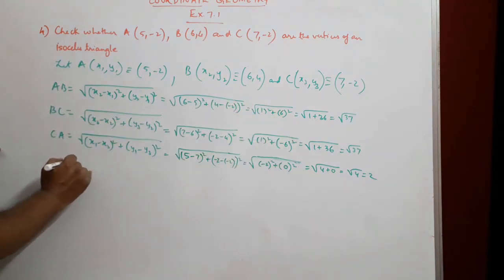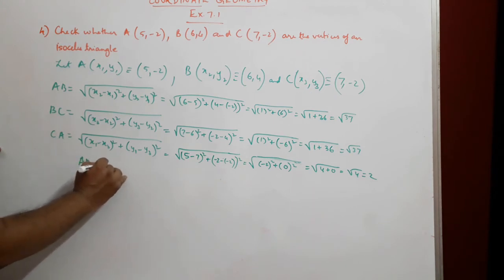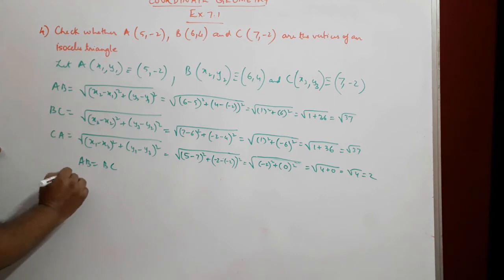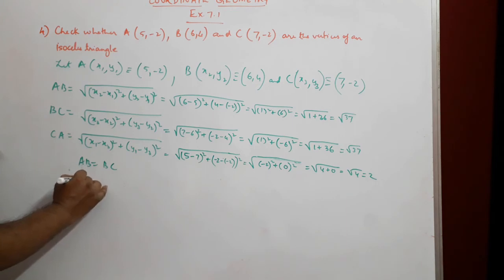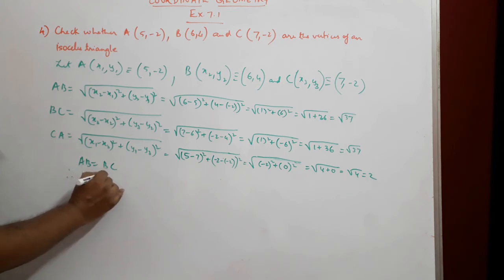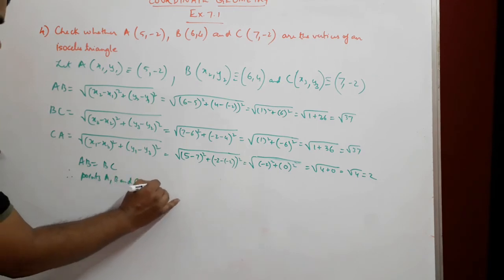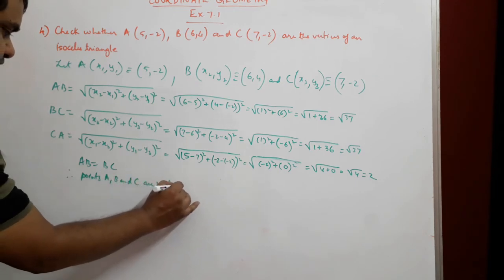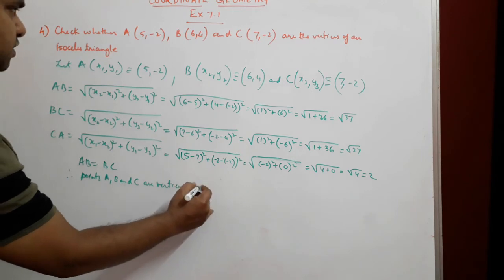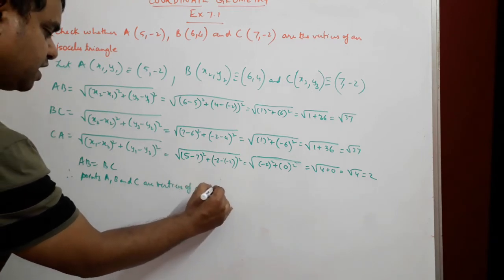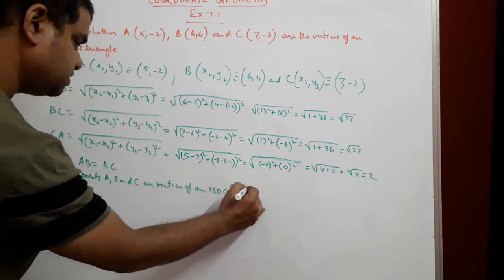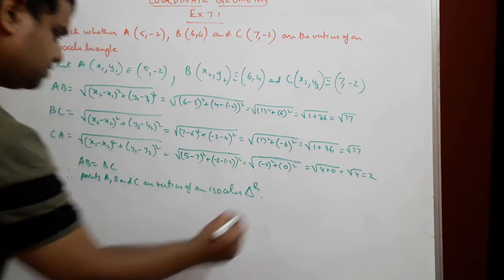So we can say AB is equal to BC. Therefore, points A, B and C are vertices of an isosceles triangle. Okay.